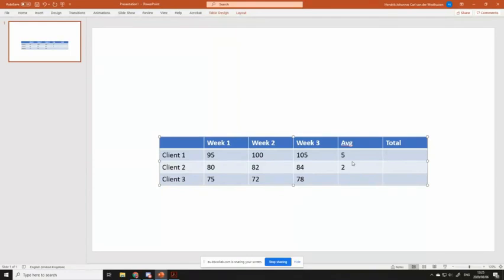Client 1, what is the total weight gained for client 1? Ten kilograms, yes. And for client 2? 4 kilograms, that is correct. And for client 3? What is the total weight gain for client 3?